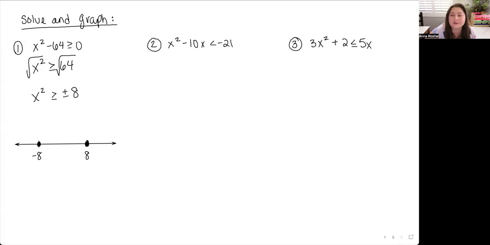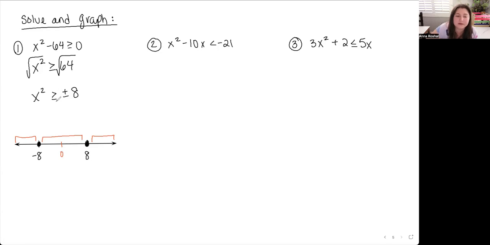What we are going to do is test a number from this section here, a number from this section here, and a number from this section here. If my section is true, then we're going to have a line in that area and an arrow in that area. If a section is not true, then there will not be a line in that area. So for example, we know that 0 is a possible option.